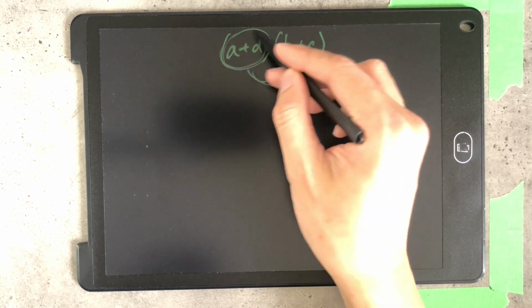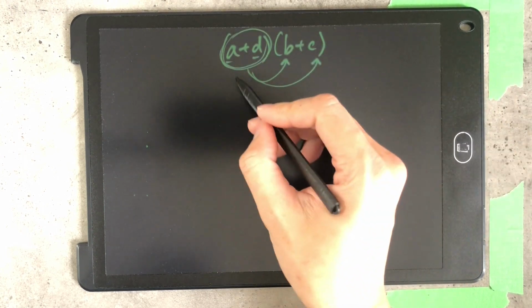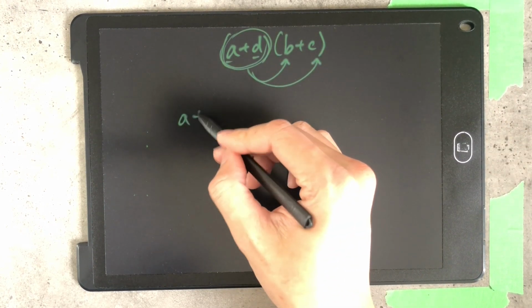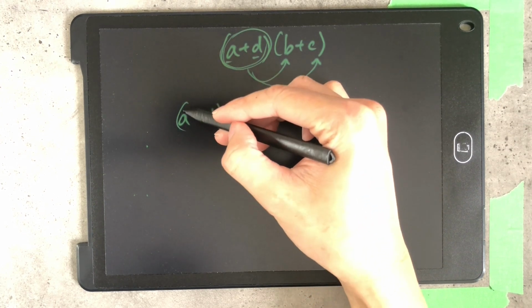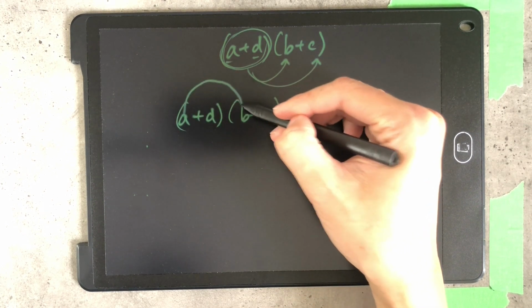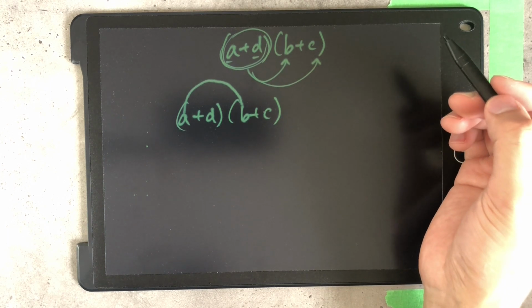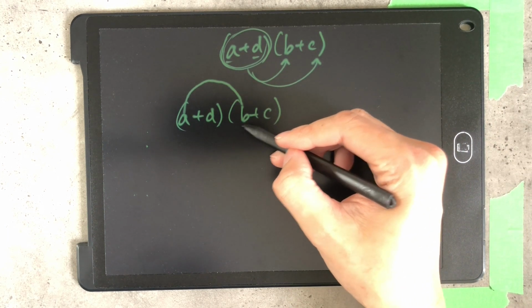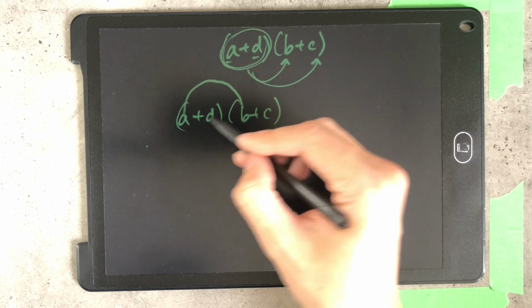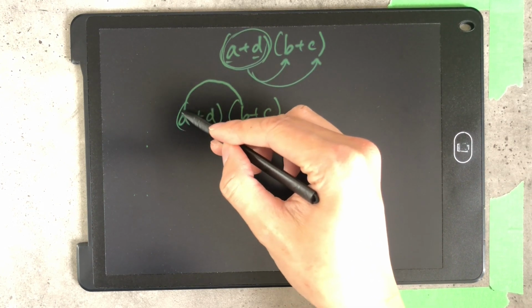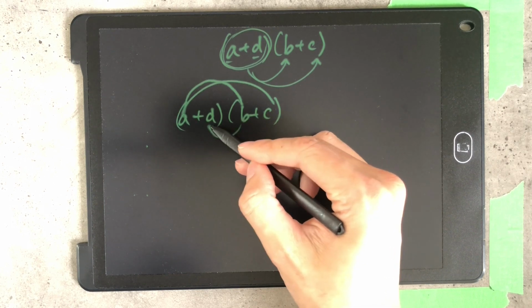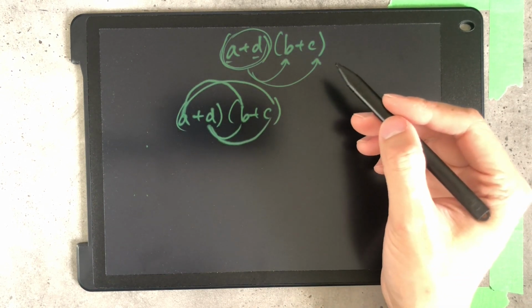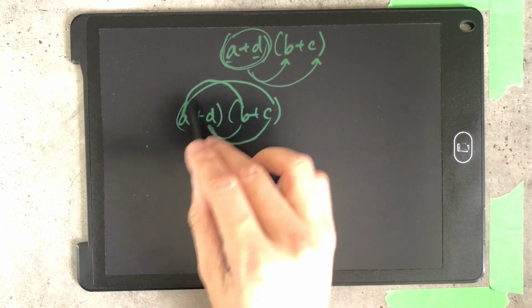But since this term has two other terms inside, you have something called a rainbow distribution. How that works is you take the first term and multiply it by the first term of the second bracket. Then you have a times c, then you have d times b, and d times c. So from out to in.